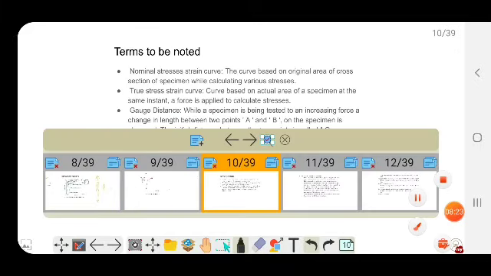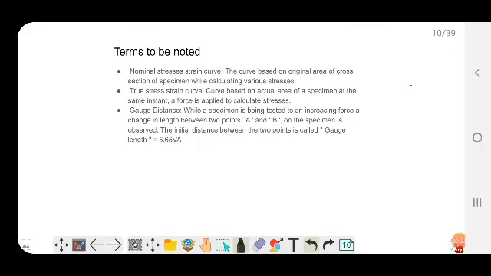Next, these are some terms to be noted. Nominal stress strain curve: it is the curve based on the original area of cross section of the specimen while calculating various stresses. True stress strain curve: the curve based on the actual area of the specimen at the same instant a force is applied.